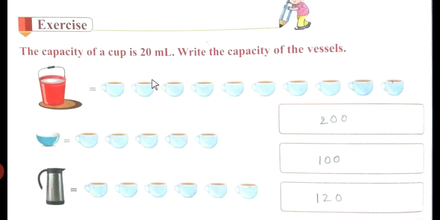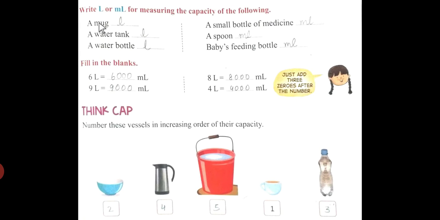So you will get 100, and you will get the measuring 100. So here 1, 2, 3, 4, 5, 6. Multiply it with 20. So you will get 120 liters. So let's move on.